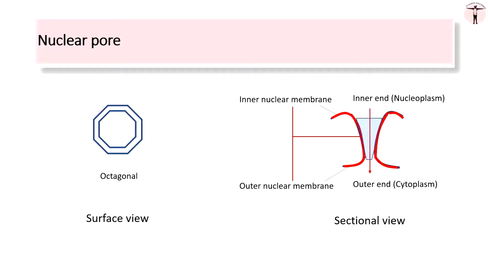This size selectivity allows the passage of small water-soluble molecules while preventing larger molecules such as nucleic acids and large proteins from inappropriately entering or exiting the nucleus.